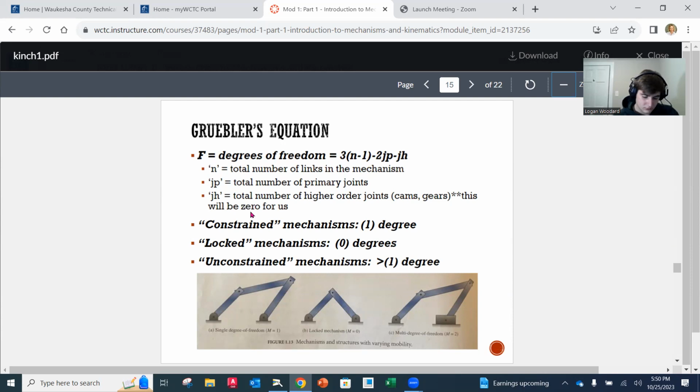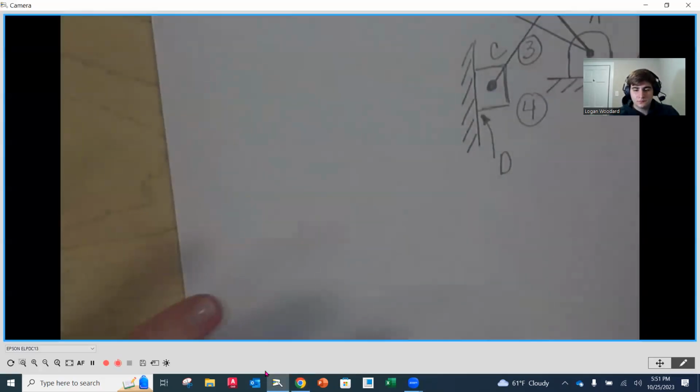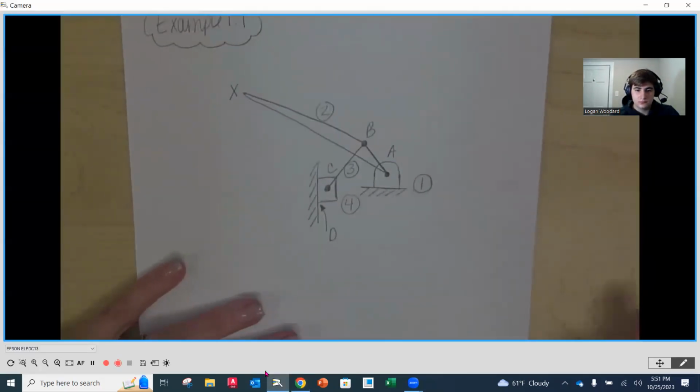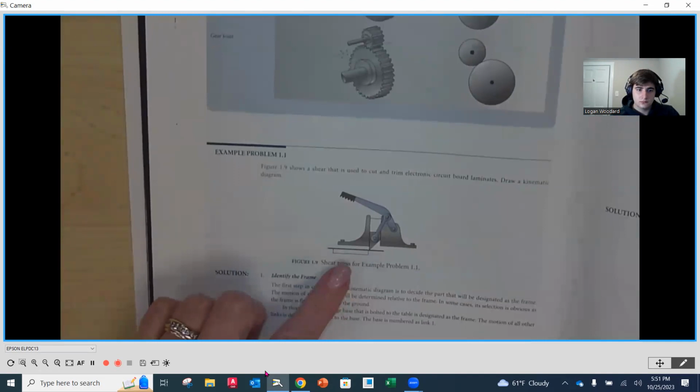All right. So let's look at calculating degrees of freedom. Before we go to example number 1.3, let's do the degrees of freedom on the 2 that we just did. So if we go back to example 1.1 underneath here. Here was that shear. That was this guy back here.